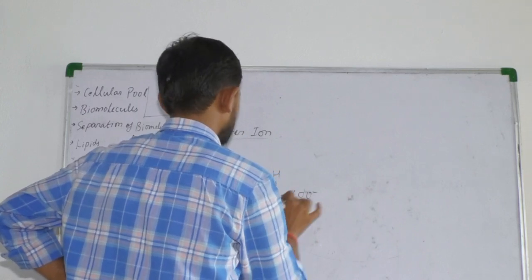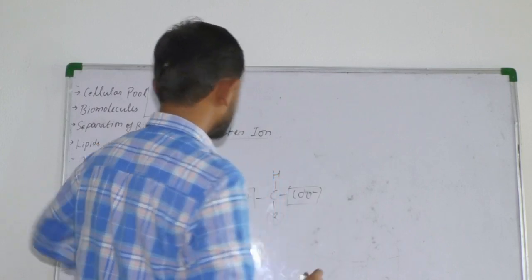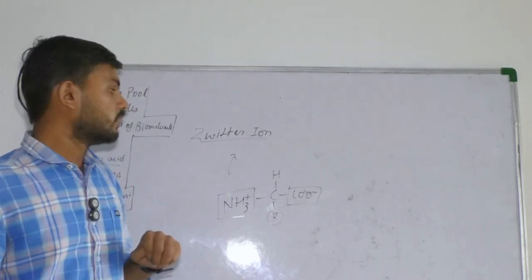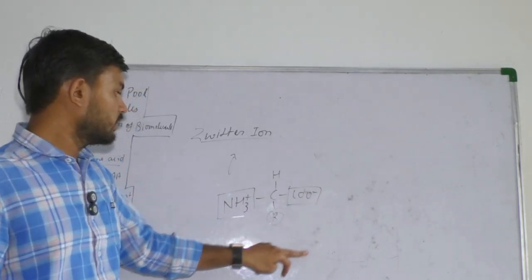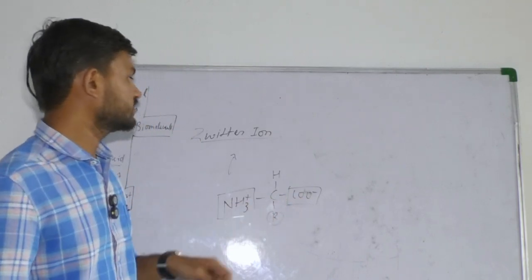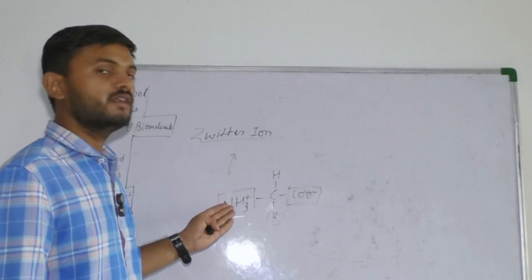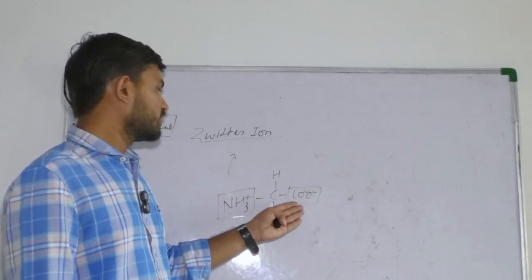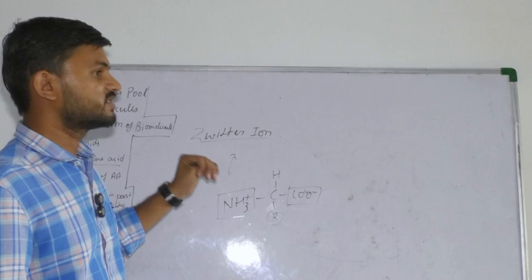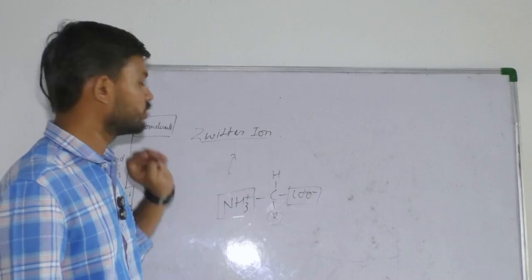When both the groups are charged, this state of the amino acid is called a zwitterion. It means the hydrogen atom moves to the amino group, and the acidic group is negatively charged and the amino group is positively charged. So this state is called a zwitterion.